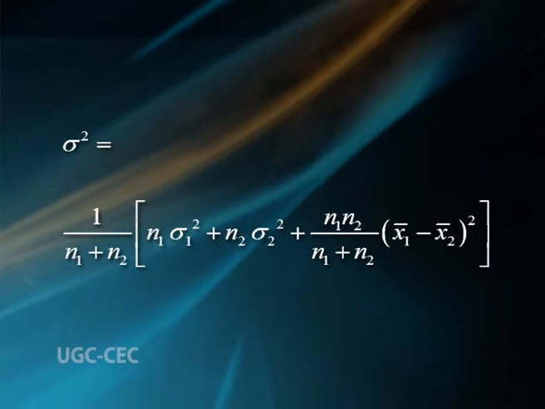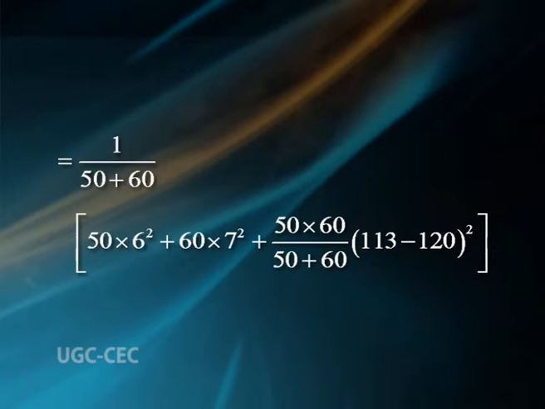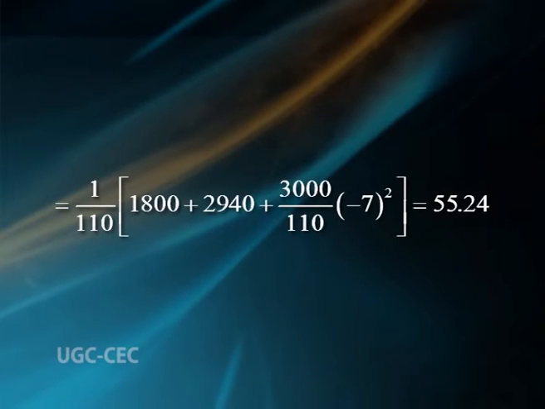The square of the standard deviation of the combined set, sigma square, equal to 1 by n1 plus n2 into n1 sigma 1 square plus n2 sigma 2 square plus n1 n2 by n1 plus n2 into x bar 1 minus x bar 2 square, that is equal to 1 by 50 plus 60 into 50 into 6 square plus 60 into 7 square plus 50 into 60 divided by 50 plus 60 into 113 minus 120 square, that is 1 by 110 into 1800 plus 2940 plus 3000 divided by 110 into minus 7 square, that is equal to 55.24.